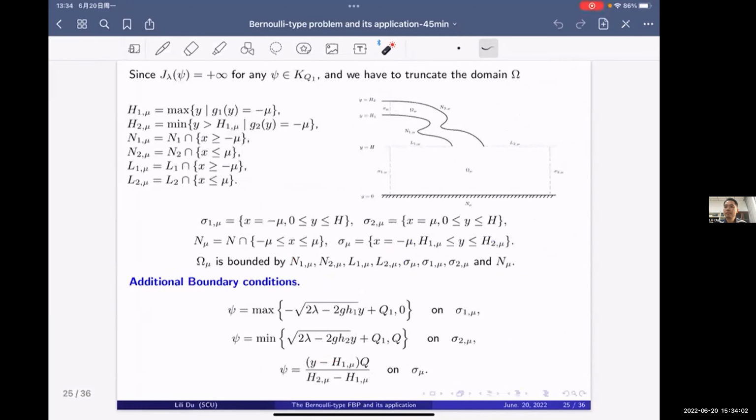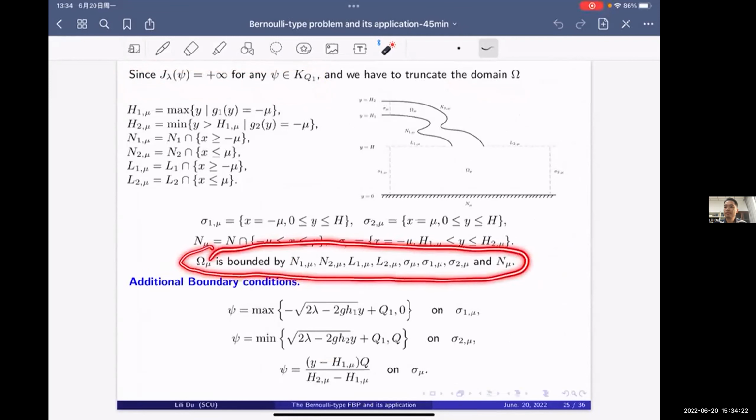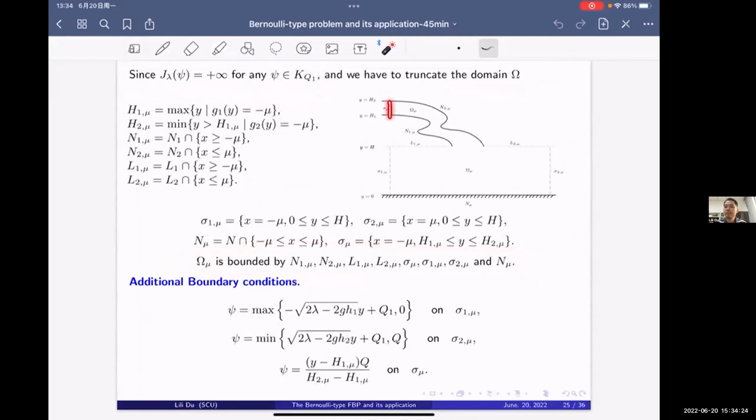Since the domain Ω is unbounded, the functional is unbounded for any ψ belonging to the admissible set. We have to truncate the domain Ω to a bounded domain Ωμ, defined as this. We truncate the domain with this additional boundary.